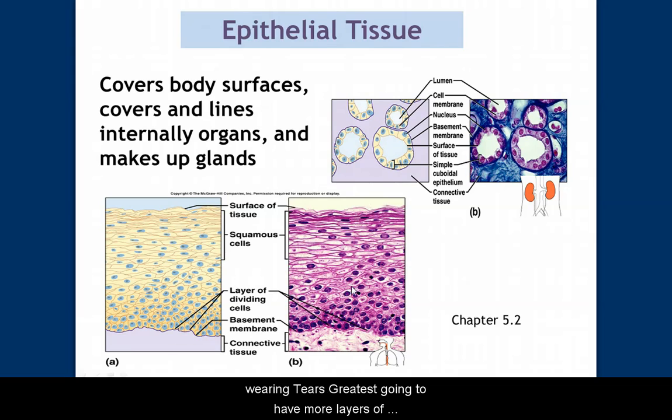So where wear and tear is greatest, you're going to have more layers of epithelial cells. This is a single cell layer of epithelial cells. You'll learn more about this in A&P 1.